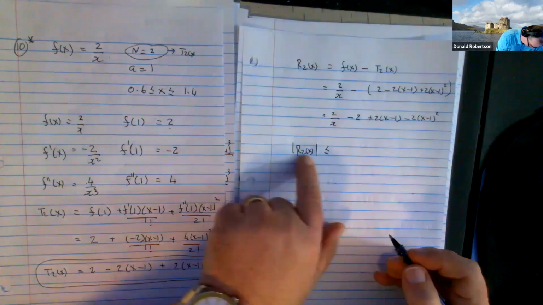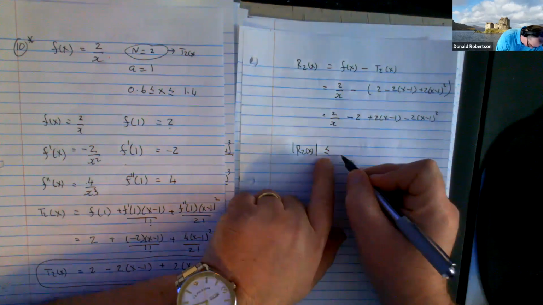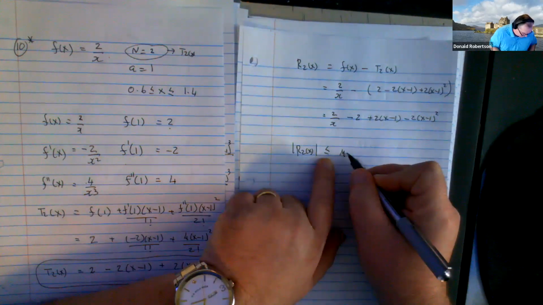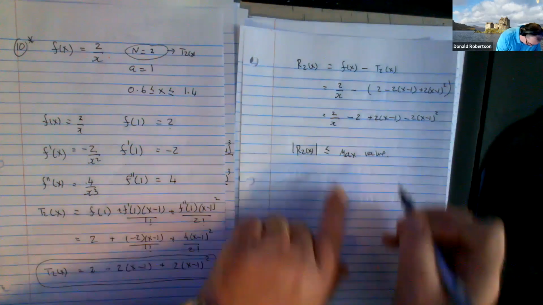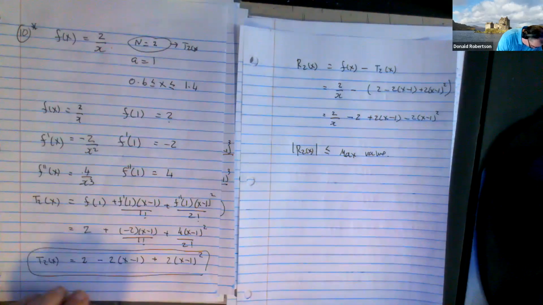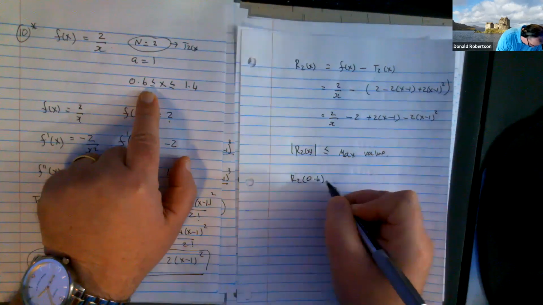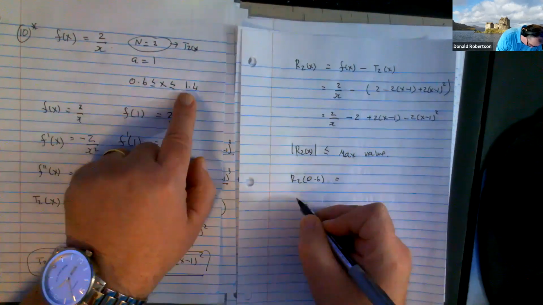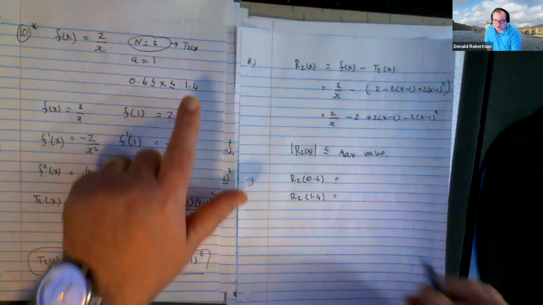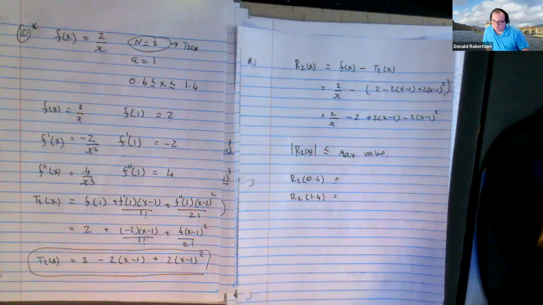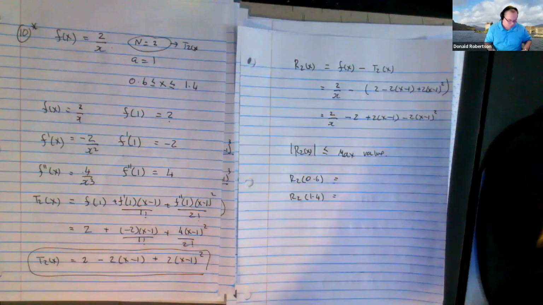What that is basically, we want to find the maximum value. Now, in this question, we're going to find the remainder at 0.6 and the remainder at 1.4. And won't the biggest answer be the maximum error, right? Because this is going to be what's happening at the ends.